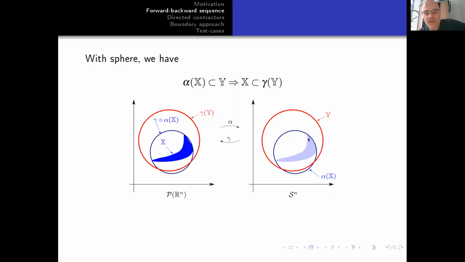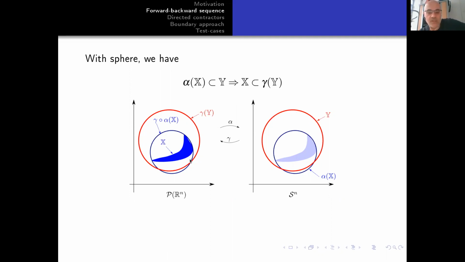Indeed, I take a situation where I have X, such as this one, which is included in gamma of Y, which corresponds to this sphere, and which also corresponds to the sphere Y. It's some kind of identity. And I do not have that alpha of X, so this sphere, is included in Y.